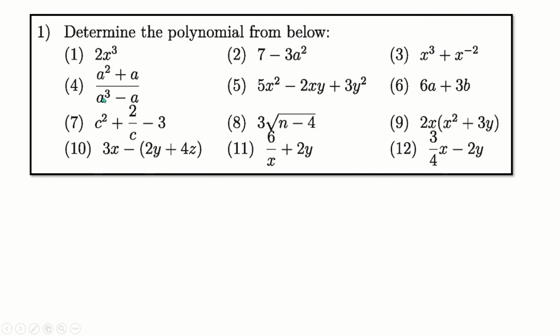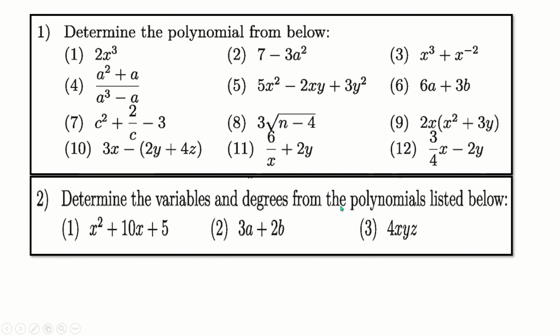Here also, after calculating this, the power will be negative, so this is not a polynomial, but this is a polynomial. This is also a polynomial with 2 variables; here a and b both are variables. Here c squared into c to the power minus 1, so this is not a polynomial. Here also this is not a polynomial, this is a polynomial. Okay, and next you will identify which one is a polynomial or not.